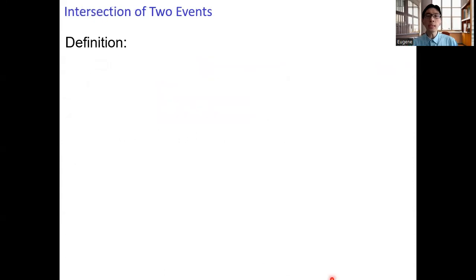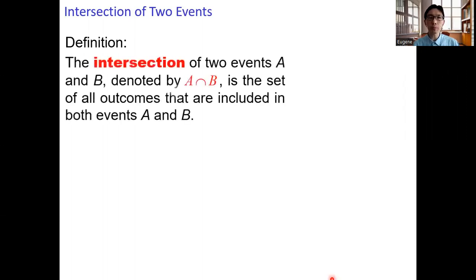Next, we move on to the intersection of two events. So let's take a look at its definition.